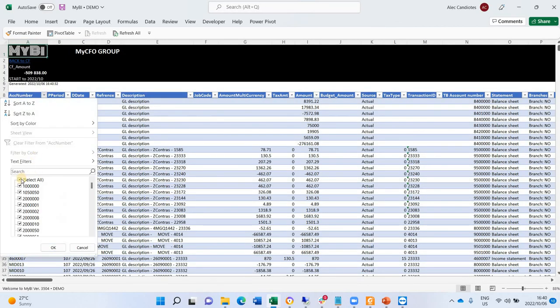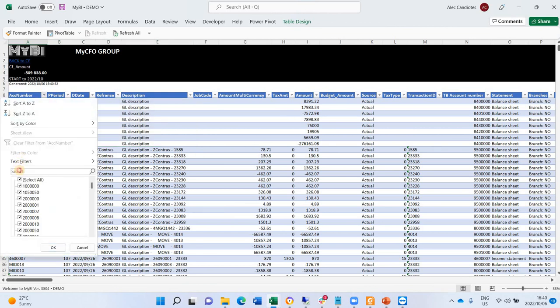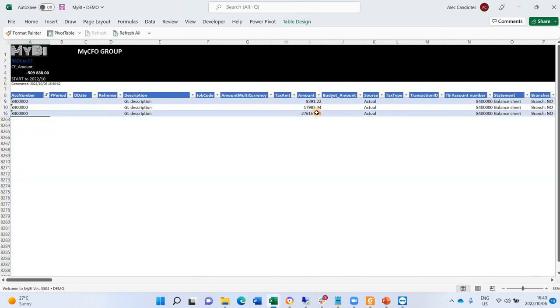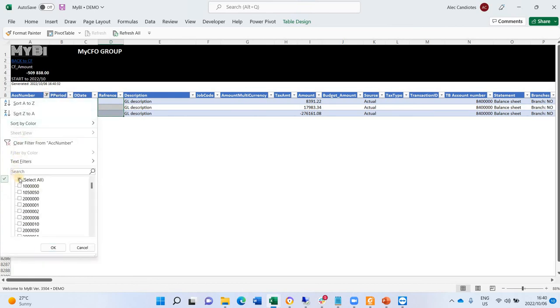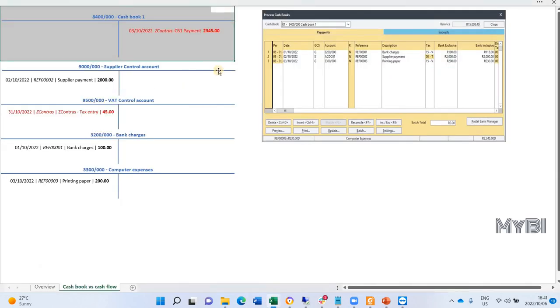The only entries you'll see where it is 8,400 are opening balances. That's why it's got no reference here, because the opening balance has been processed. So you will not see anything but your other legs, which, to get back to this example, would obviously be this entry.